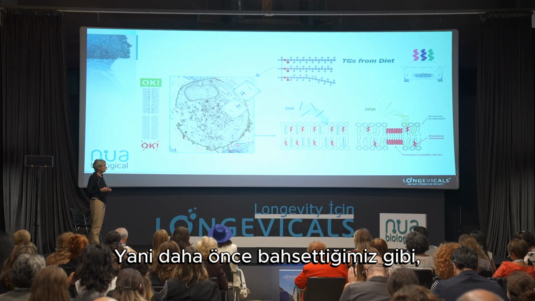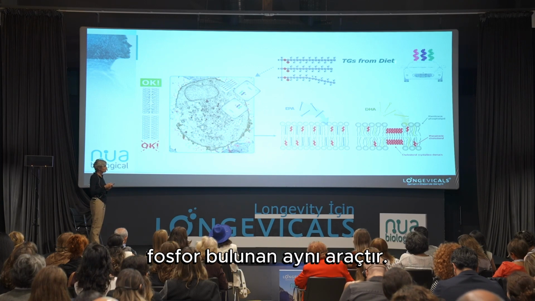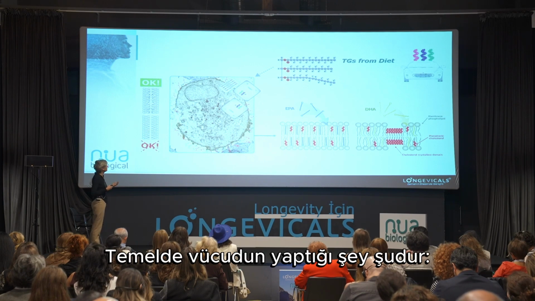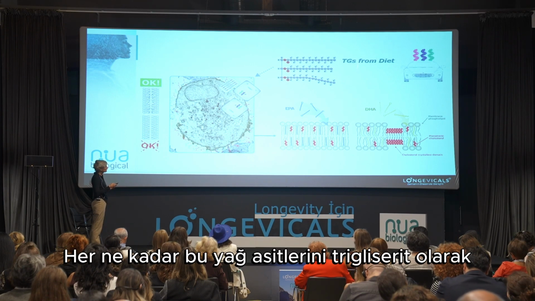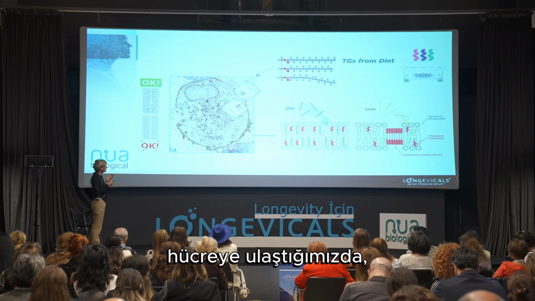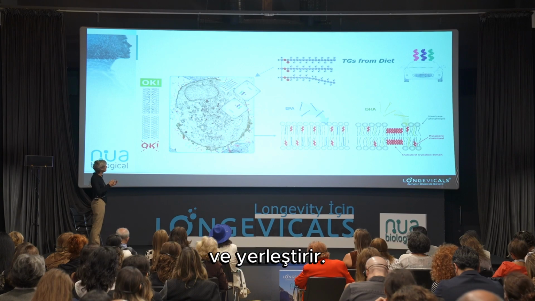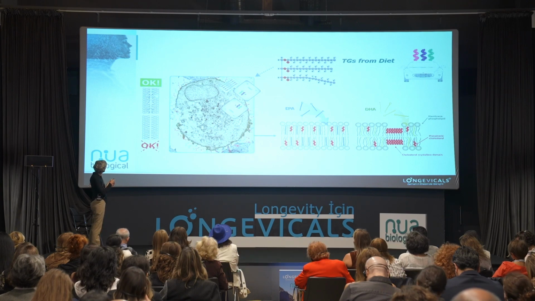As we mentioned earlier, a phospholipid is the same car with 2 occupants and a phosphorus on one of the windows. So basically what the body does is, although we are taking these fatty acids as triglyceride, once we get to the cell, they take the car and organize it as a phospholipid, and put it in a bilayer.